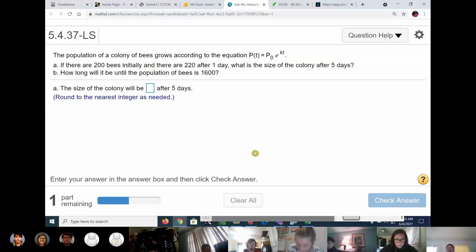And I'm going to write stuff down while y'all are writing. P of t is equal to the initial times e to the kt. And A, if there are 200 bees initially, that's P0, and there are 220 after 3 days, how many will be after 5 days?